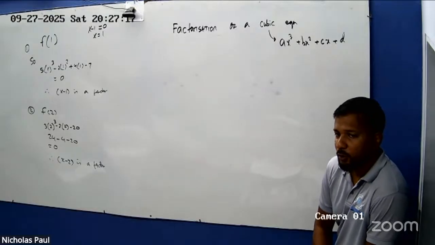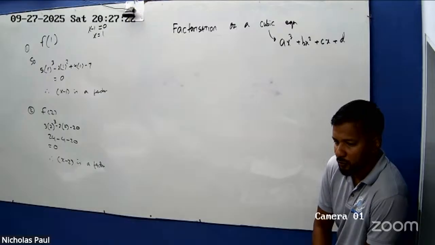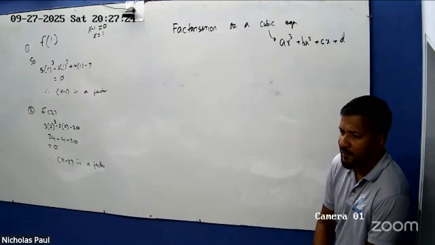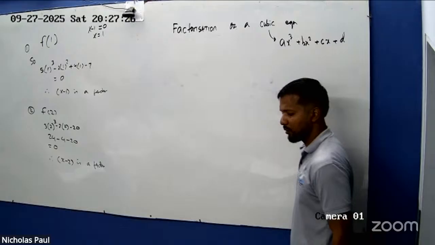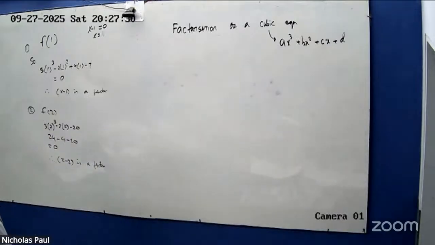Step number 2: long divide. Step number 3: factorize the quadratic.